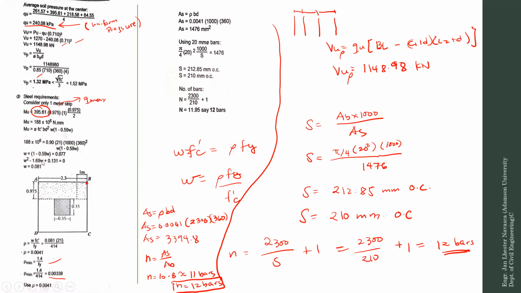So, this time, yung itong way na to, okay, they use yung 1,000 millimeter as your total width B. So, they are just considering 1 meter strip. 1 meter strip. Also dito, 1 meter strip. Okay. So, they are just considering yung 1 meter strip.